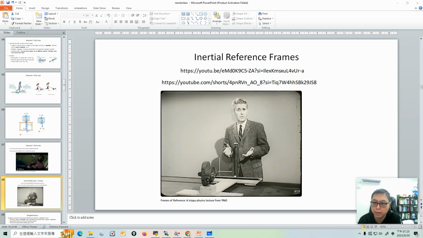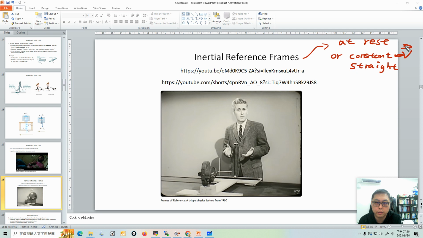Make a note. That's what an inertial frame is. It means the frame is at rest, or at constant velocity along a straight line.